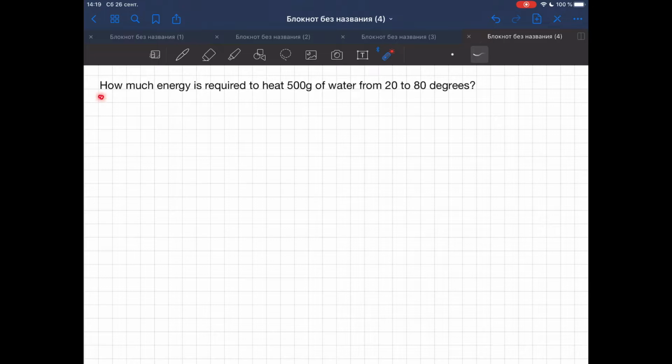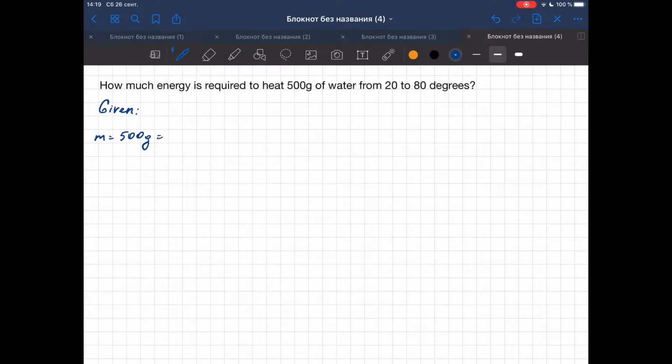First of all, how much energy is required to heat 500 grams of water from 20 to 80 degrees? So first of all, I'm gonna write down the given. The given is mass of the water, which is equal 500 grams.